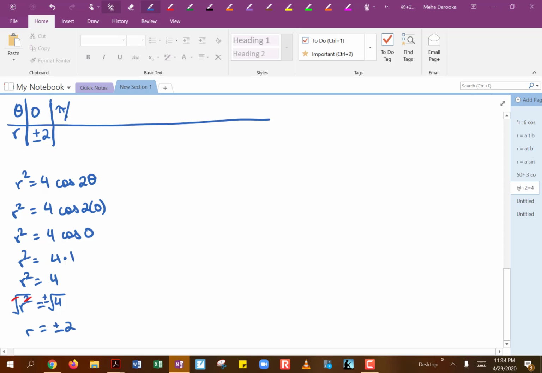Okay, and then let's see for the next one at pi over 6 what happens. So you've got r squared equals 4 times cosine of 2, and then theta is pi over 6. 2 goes into 6 3 times, so we end up getting r squared equals 4 times cosine of pi over 3.